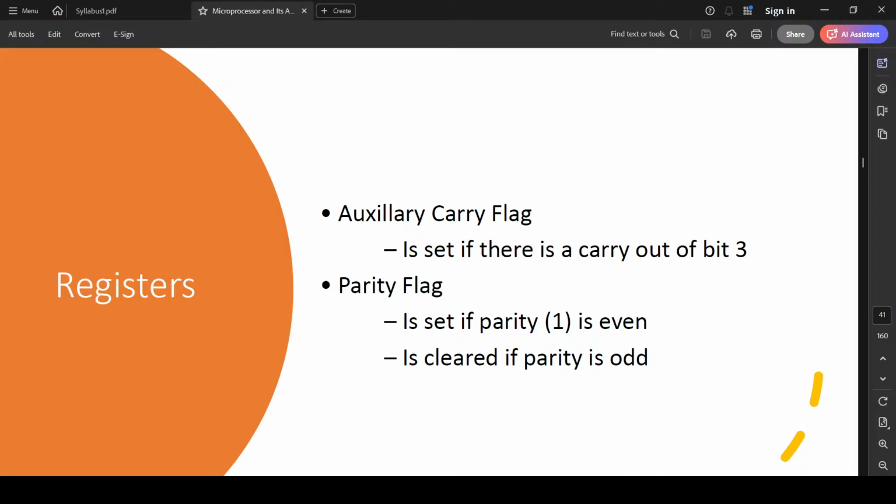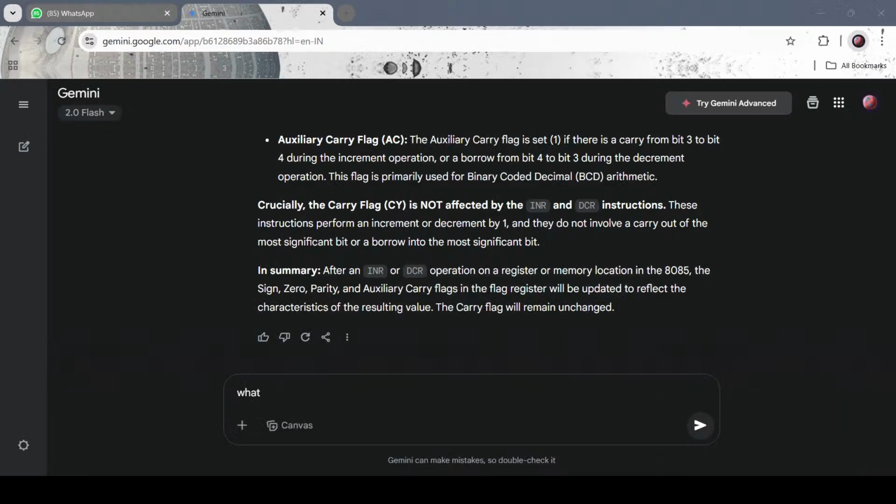Let's get our boy Gemini to explain us. What does the auxiliary carry flag mean?